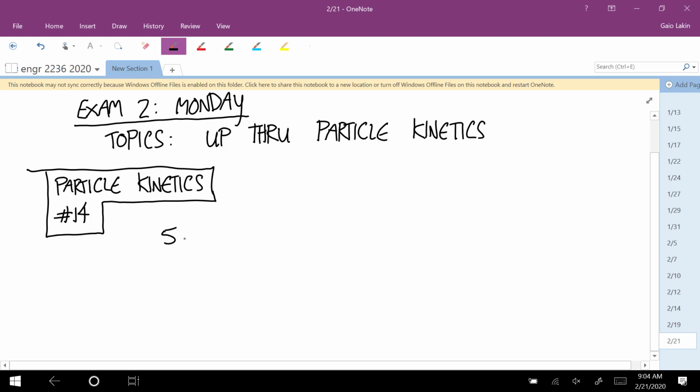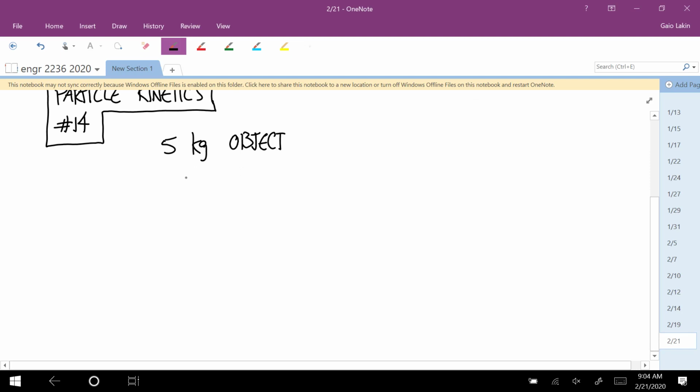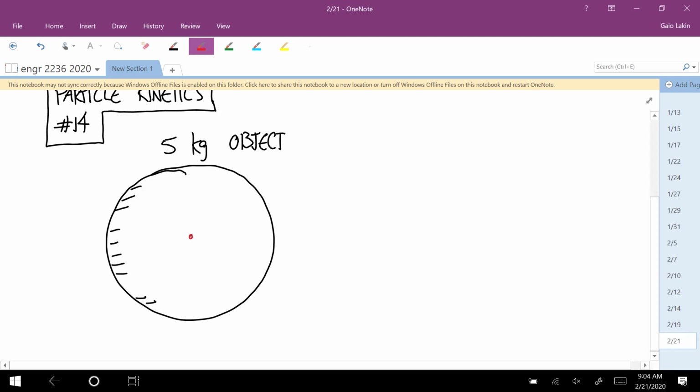So it's a 5-kilogram object, and it's in spherical motion, so it's moving around a 3-dimensional path where the distance from the center of the sphere to the outside is 2 meters.